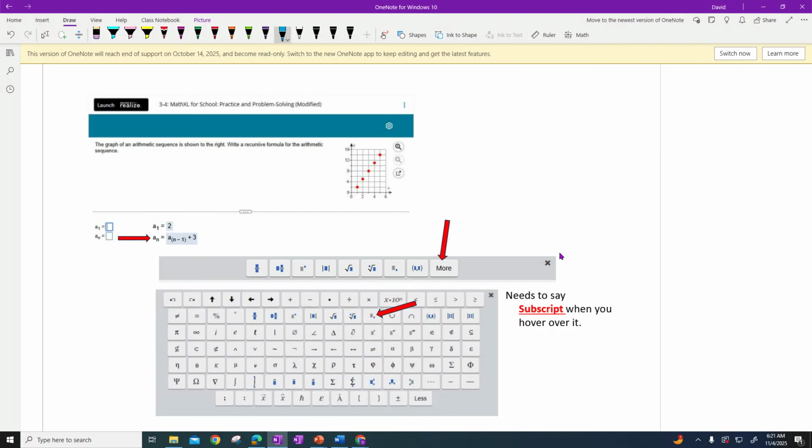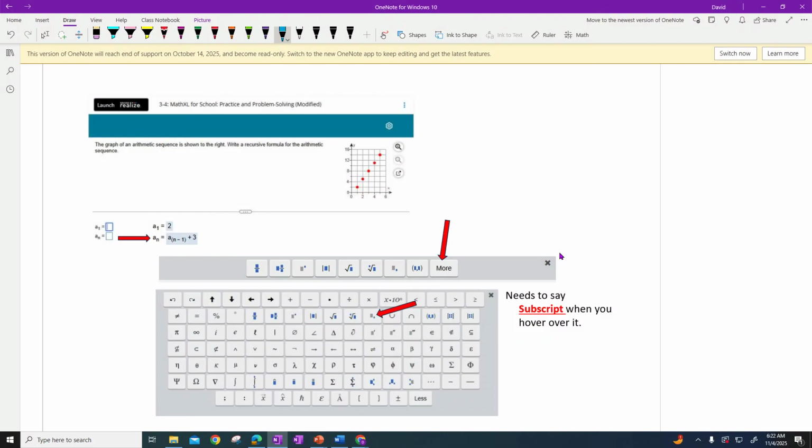So now, you have to do this subscript. I looked for this button all over the place. And you see how it's right there right now because I used it so many times that I think it put it up here. It might be on yours tomorrow. But I had to hit more, and then I had to look at all these different buttons, and I was starting to think it was one of these guys down here.